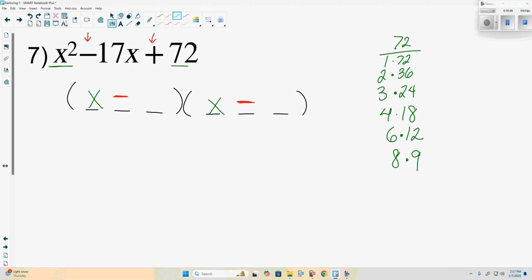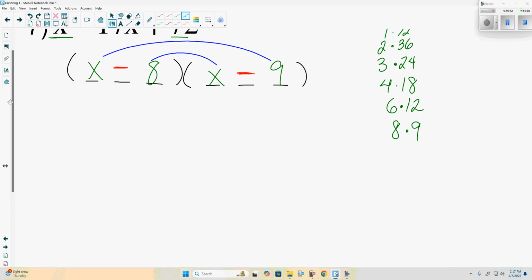Or any of these on the list that we think would probably not work? 1 and 72 is probably not going to work. 2 and 36, 3 and 24. So we're really looking at the bottom 3 or bottom 2, yes? Let's try 8 and 9. I'd eliminate 1 and 72, 2 and 36, because they're a little too big.